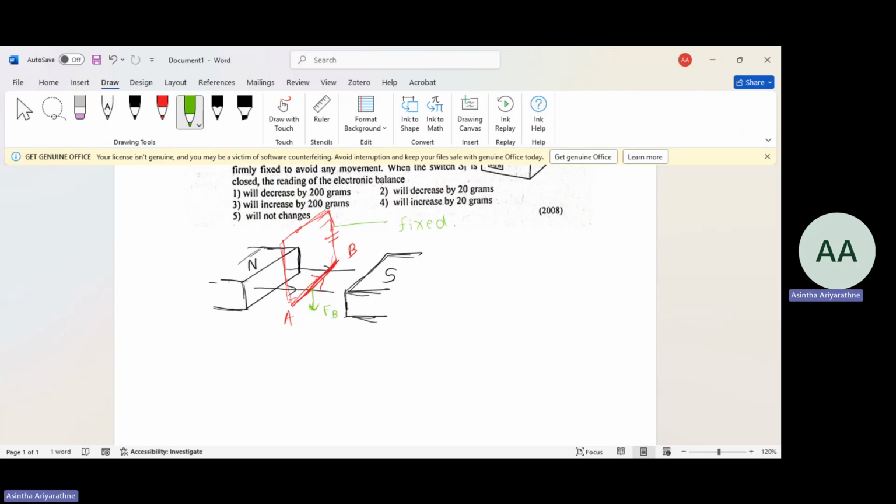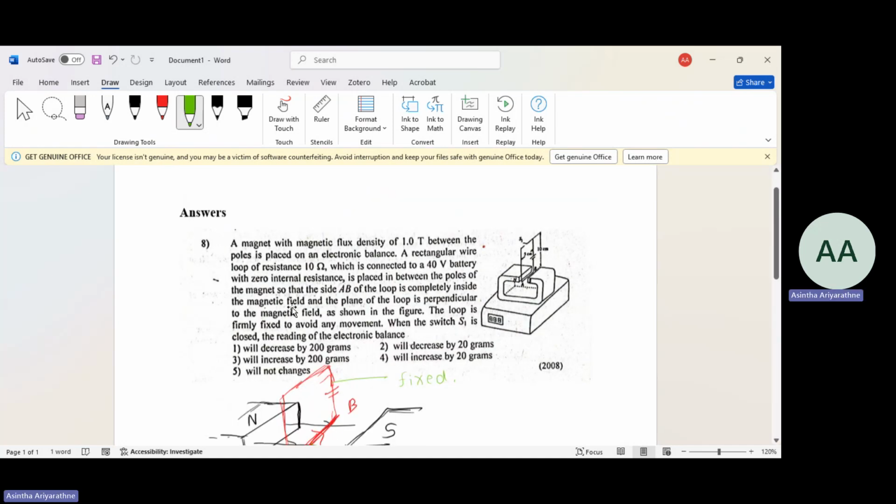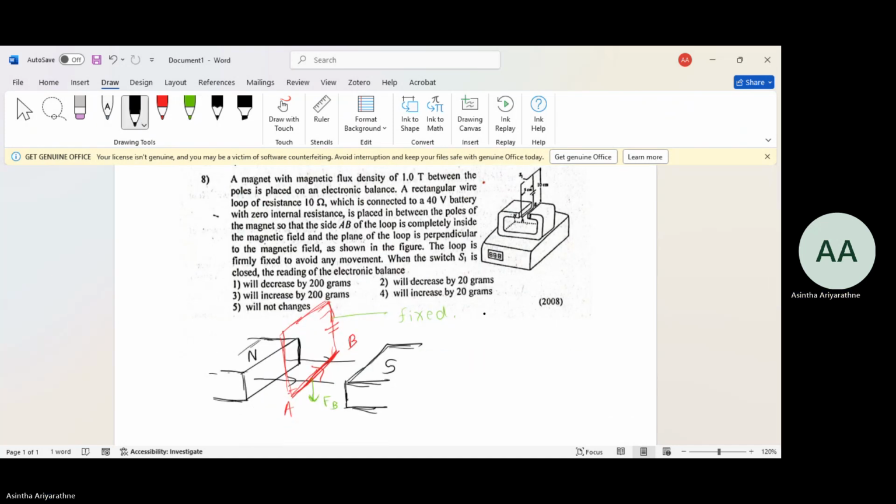And so we can find that. B is given as 1 Tesla, and the resistance of the wire loop is 10 ohm, with a 40 volt battery. The loop is placed between the poles of the magnet, so AB is completely inside the magnetic field.